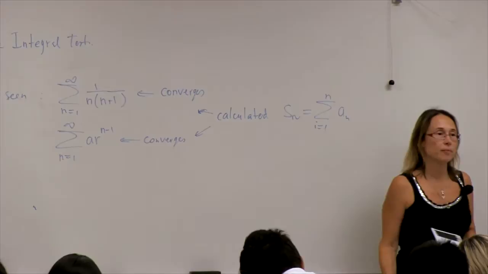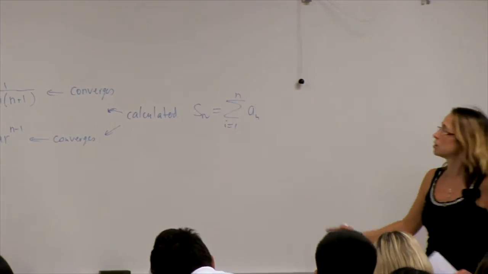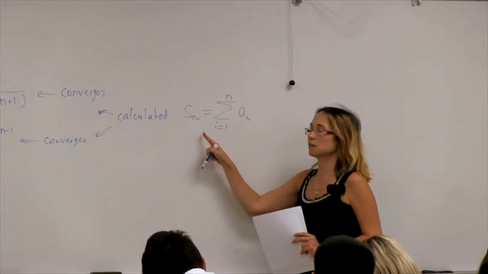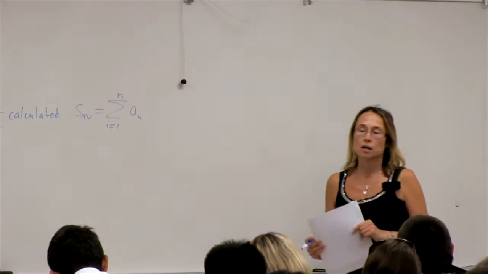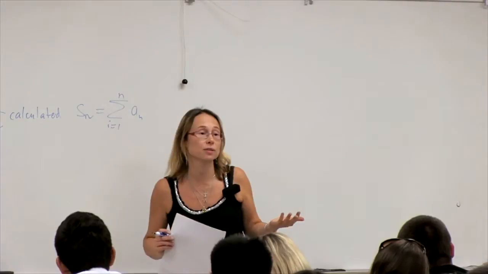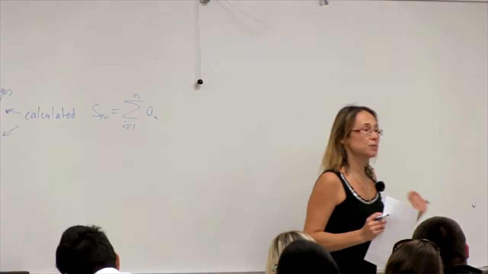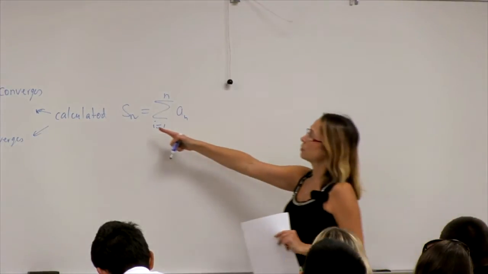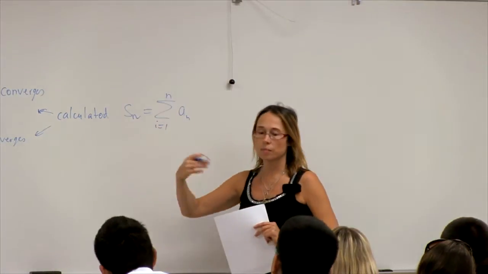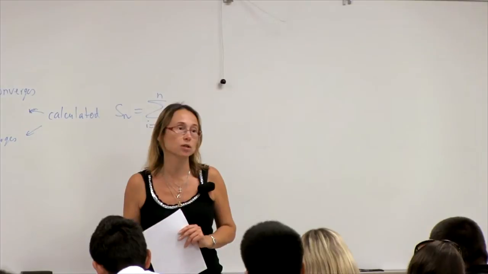But this is very rare. Actually, for most of the examples, you cannot so easily derive the general expression for the partial sum. But the question remains, does a given series converge, right? And very often, you can answer this question without having to do this, okay? Very often we cannot do this, but we can say that the series converges.